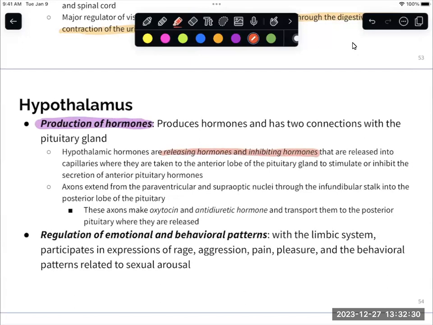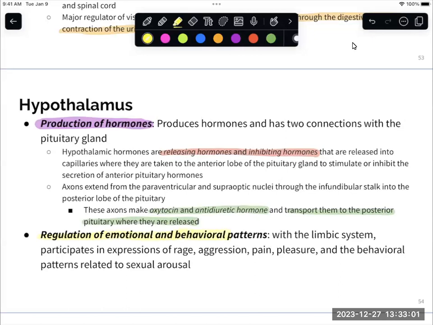Releasing causes other hormones to be released. Inhibiting prevents hormones from being released. It also makes oxytocin and antidiuretic hormone. These hormones then get transported to that posterior pituitary gland where they get released. This will come back in the very first chapter of Anatomy 2.